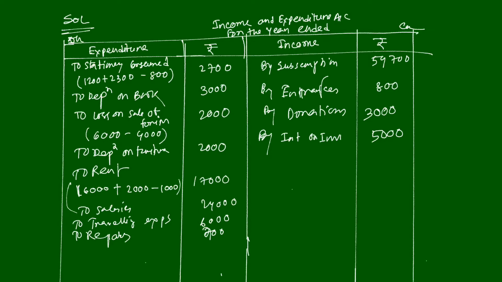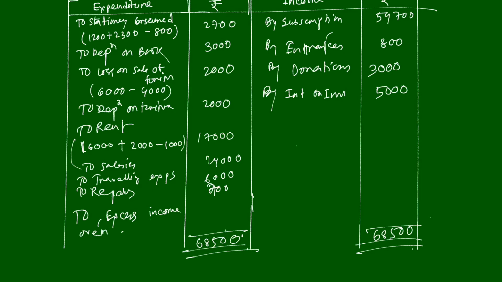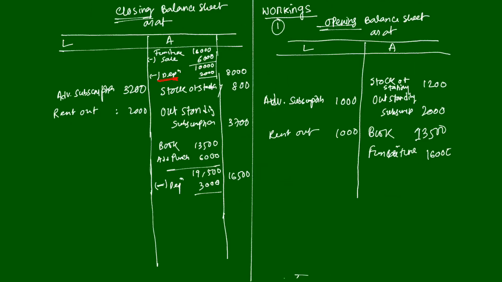I think everything is right. 68,500 to excess income over expenditure. What is the value? 11,100. This is surplus.